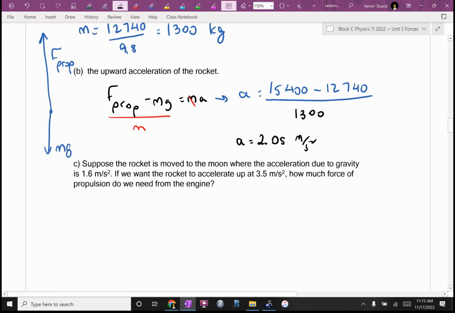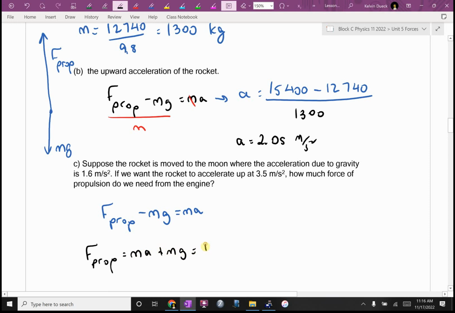In fact, I think it's the same equation, F prop minus mg equals ma. But what do they want me to get by itself this time? Add the mg over. So F prop is going to be ma plus mg.